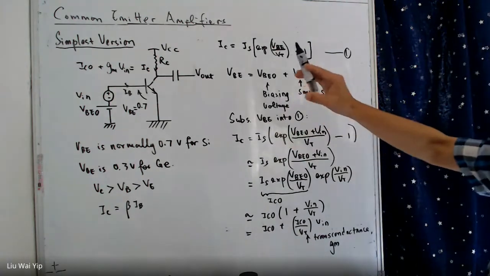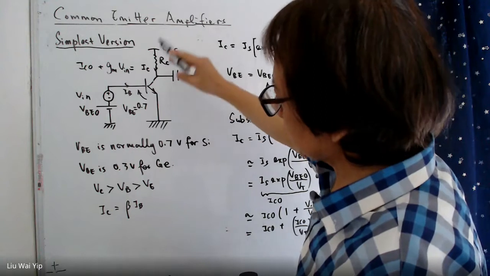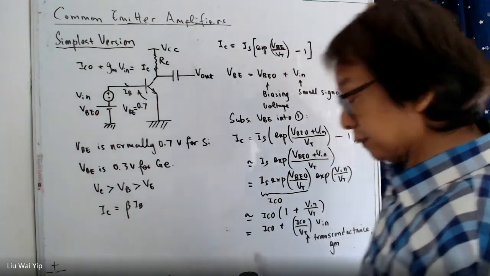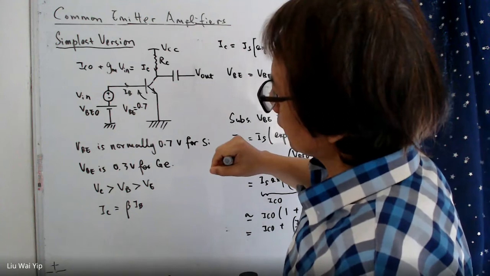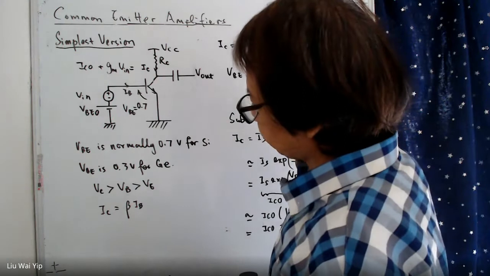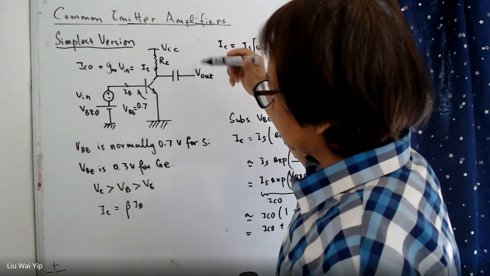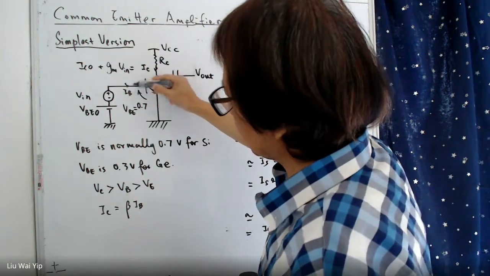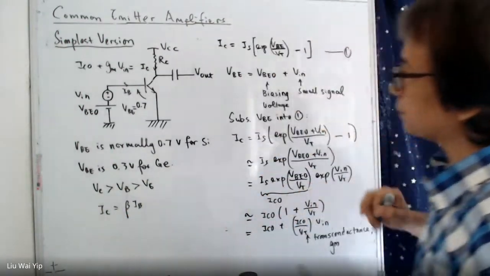Normally, in these situations, IC is given. Without any numerical value of IC, you have to guess the value, and we don't have enough information to calculate IC in this case. The only possibility is if we connect a resistor here, then you will be able to calculate IB. Otherwise, IC has to be given.